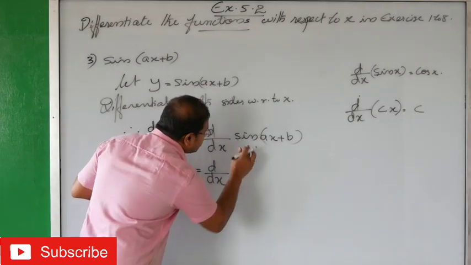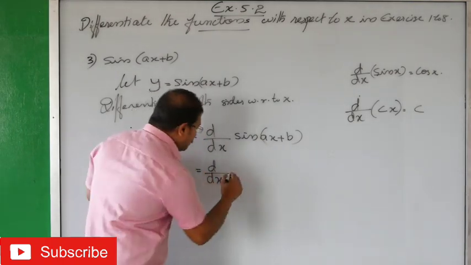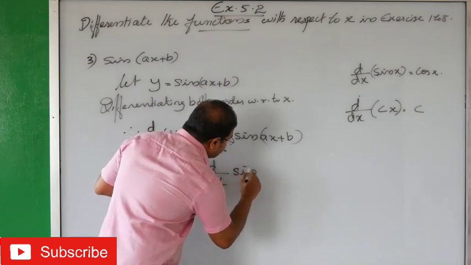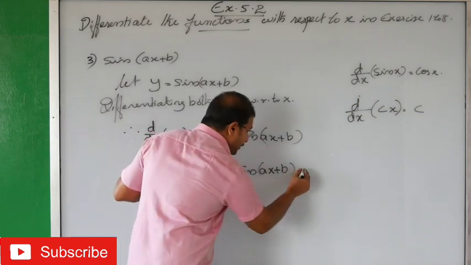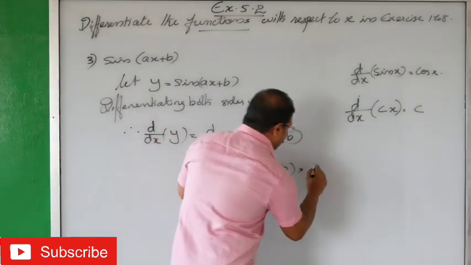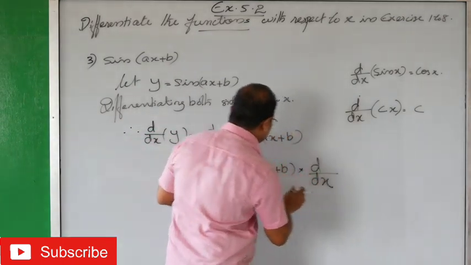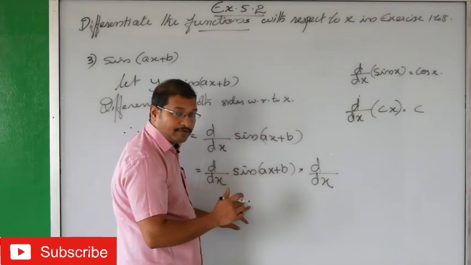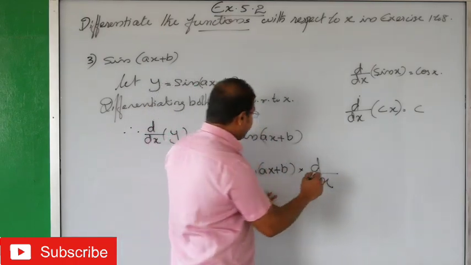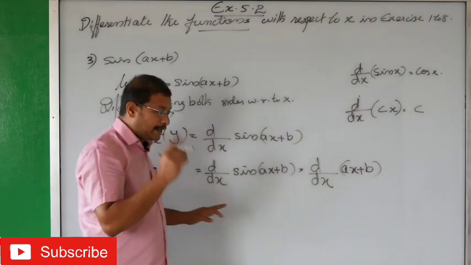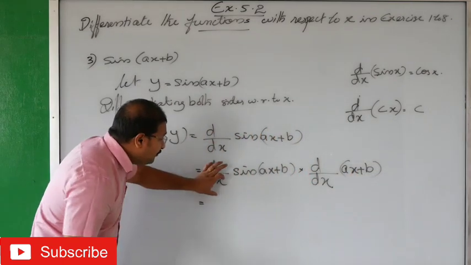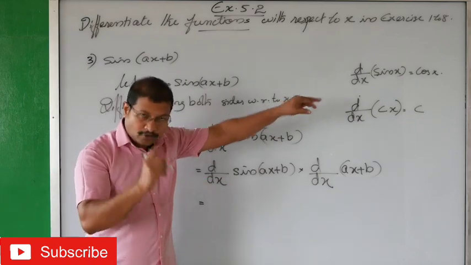Derivative of first, sin of ax plus b, into the derivative of that inside bracket, that means derivative of ax plus b. Alright, this equals derivative of sin x, cos x.